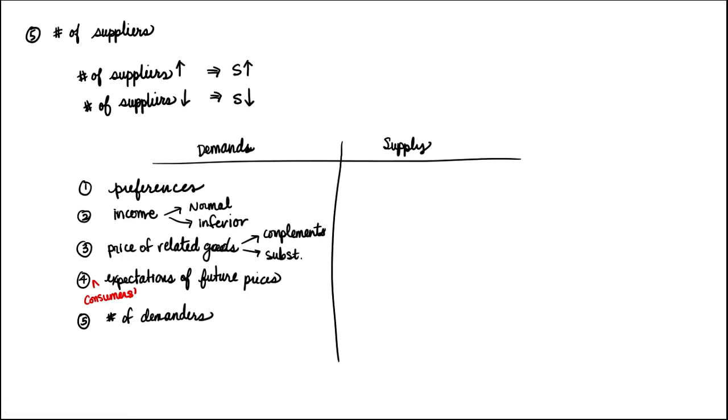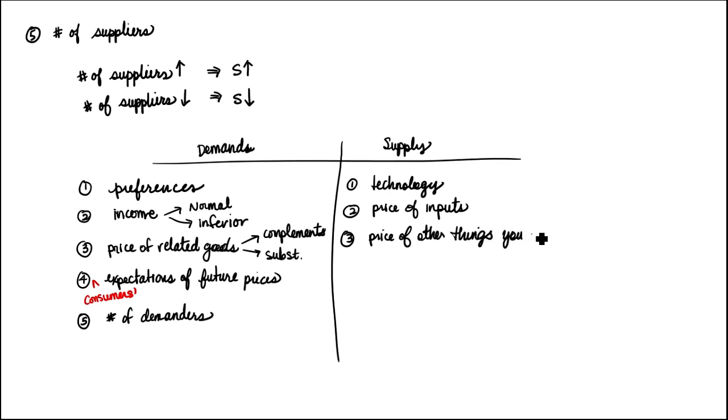If we look on the supply side, number one was technology. Number two, price of inputs. Number three, price of other things you could produce instead. So 1, 2, and 3 are a little different, but number 4, we're back to expectations of future prices.